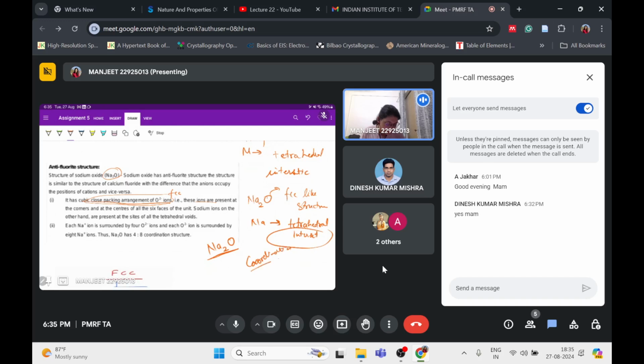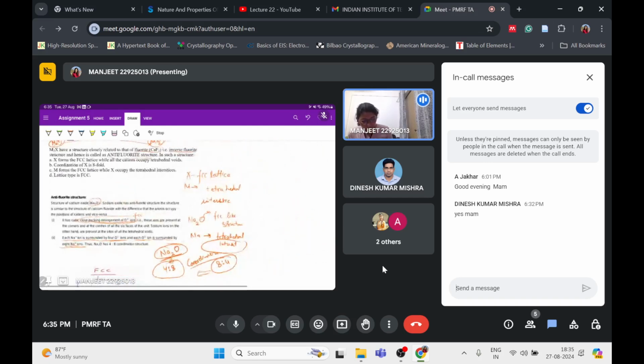But in the anti-fluoride structure, the coordination number is 4:8, and each Na positive ion will be surrounded by 4 oxygen atoms, and each O2 negative ion will be occupied by 8 Na positive ions, because you have to take care of the stoichiometry of Na2O. So each Na positive ion is connected to 4 O2 negative ions, and each O2 negative ion is surrounded by 8 Na positive ions. So this is about the anti-fluoride structure.